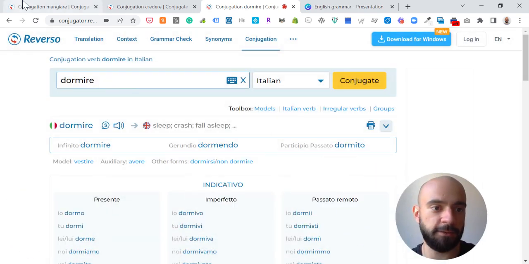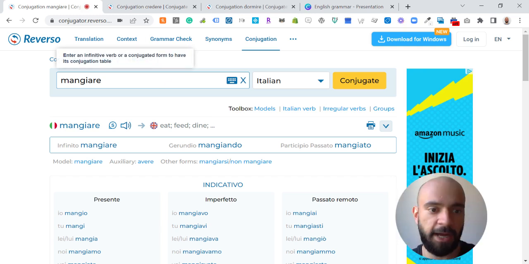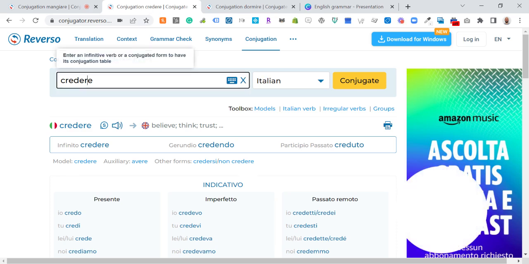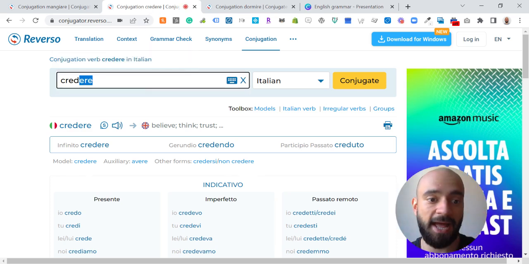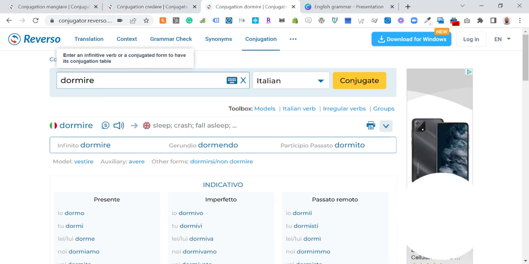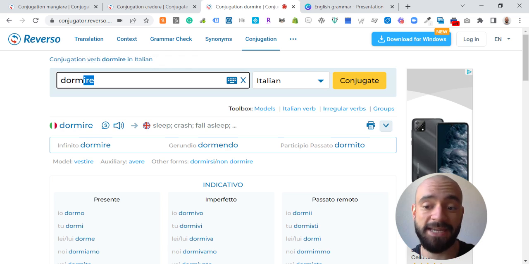I picked mangiare, which ends up with are, first family of verbs. Credere ends up with ere, second family. And the third family, ire, and dormire is one of the representatives, dormire, in fact, ends up with ire. So we picked one verb per family of verbs.